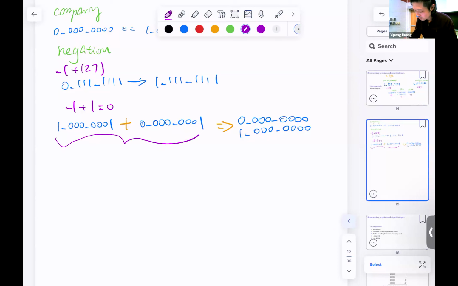I've got ones in the ones digit, so that becomes 0 in the ones digit, I carry 1, and I've got 0, 0, 0, 0, 0, and then the sign bit, which I'm going to try to add together and write down. What does this evaluate to according to our convention? Well, there you go. We've got -2. No good, right? Adding in the normal way makes no sense here.